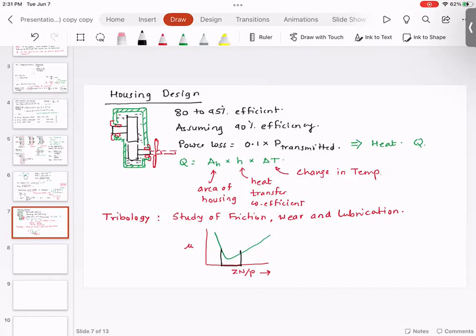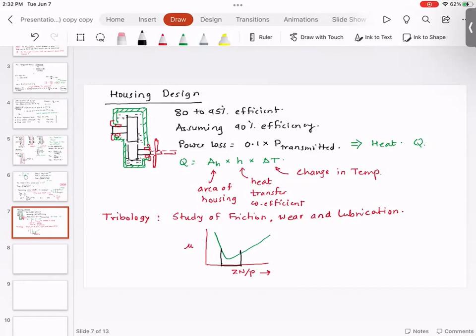Another thing that is important is the value of delta T, the change in temperature. As the temperature changes, the oil properties change, so viscosity drops down. So 10W30 indicates that the particular oil is stable over the temperature range specified by the SAE standards.